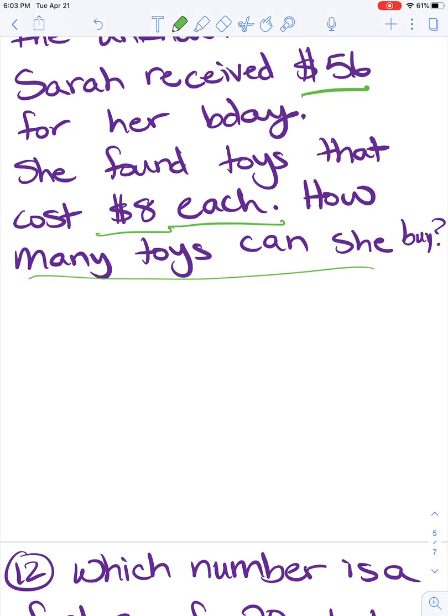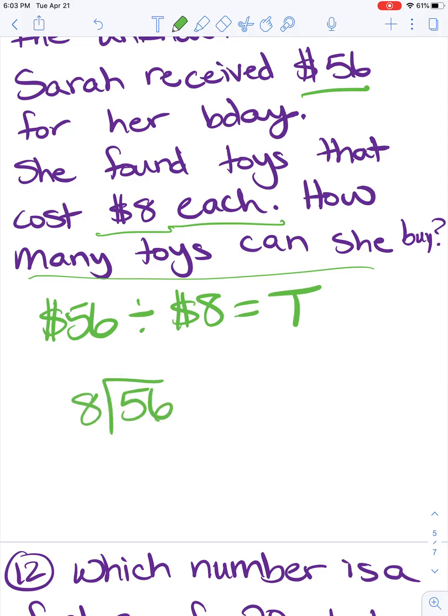Each means multiply and sometimes divide. I want you to take 56 in your hand, and I want you to spend $8 each. So 56, 8, 8, 8. What are you doing? You're taking apart by dividing. So we're going to take $56 divided by $8 equals T for toys.